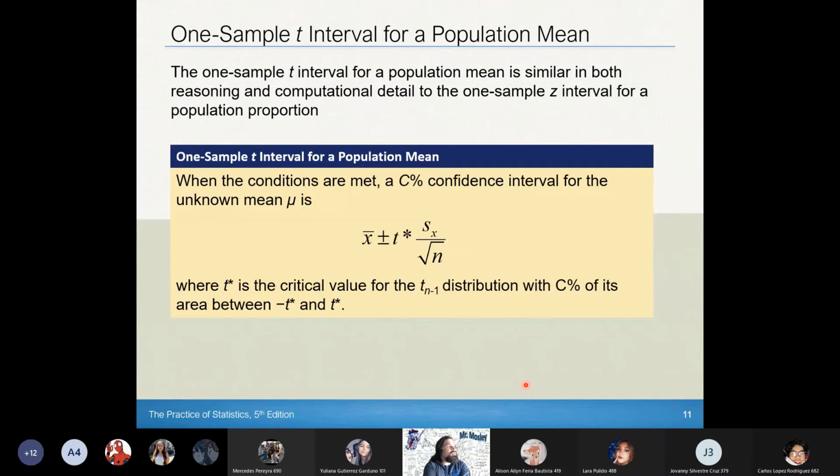A C% confidence interval for the unknown mean mu is x bar plus or minus t star times S sub x divided by square root of n, where t star is the critical value for the t n minus 1 distribution with C% of its area between negative t star and t star. The value you find from table B.